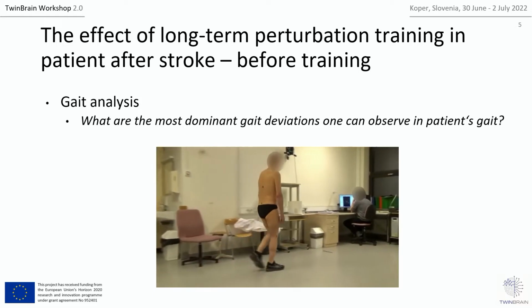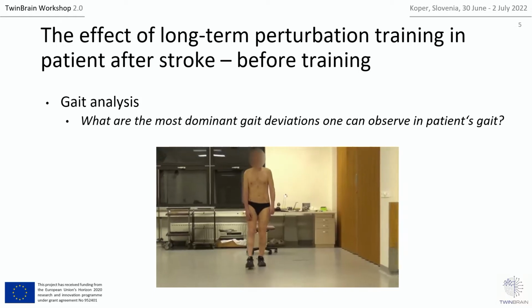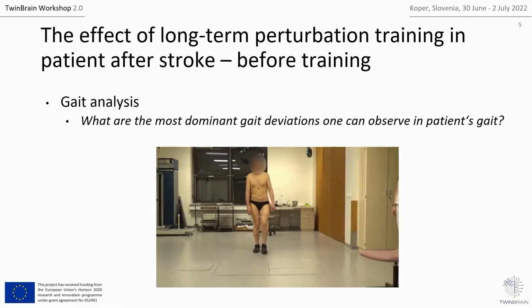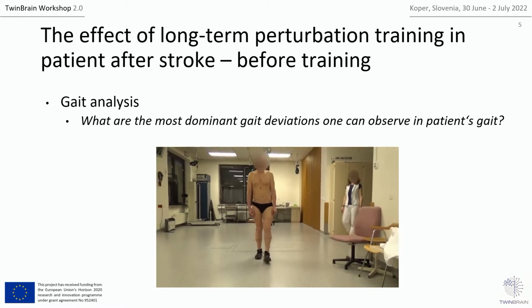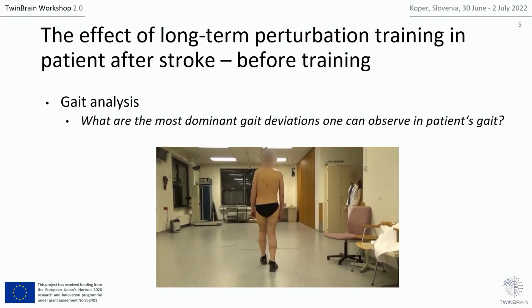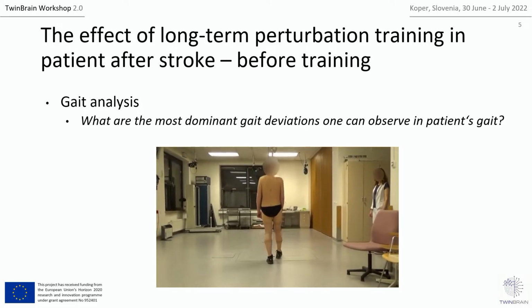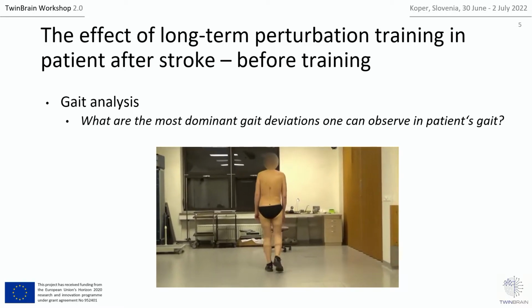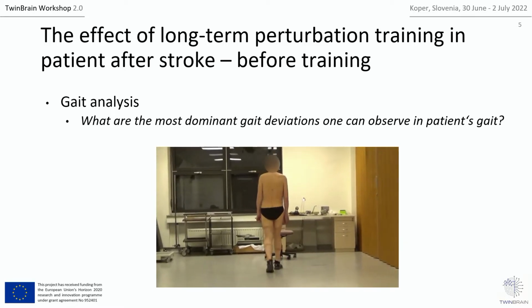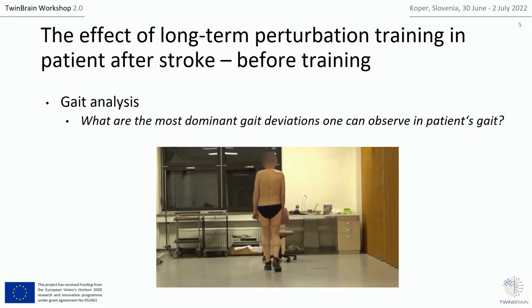The range of movement on the right side is quite reduced. The support is prolonged on the non-paretic, left side. And we also see that the right side of the pelvis is elevated, which probably is to ensure sufficient foot clearance in the swing phase.